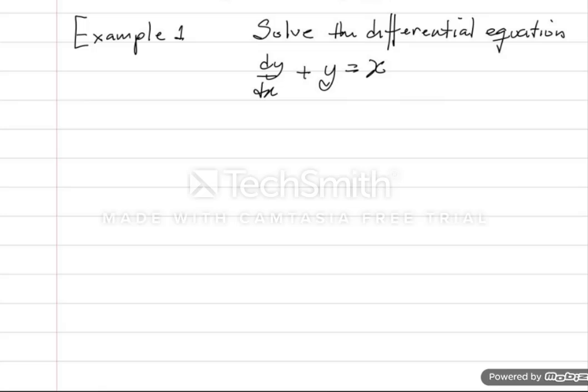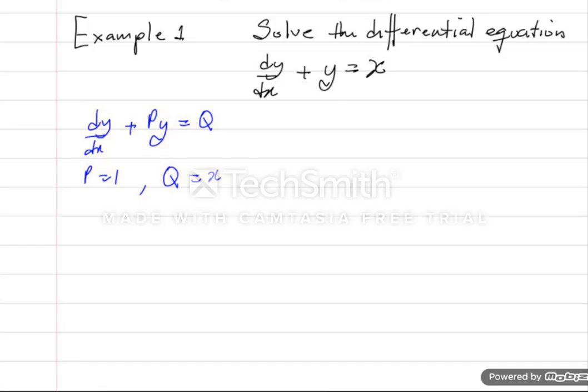The first order linear form is dy by dx plus py is equal to q. Can we see that this is that format? And if that be the case, would you agree that p is equal to 1 and q is equal to x?